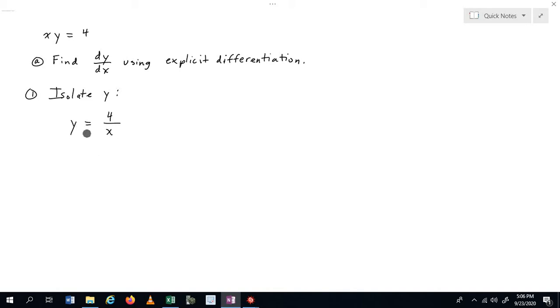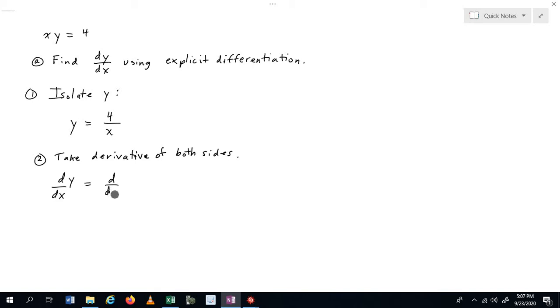And then after you isolate the y, what we're going to do is take the derivative of both sides of this equation with respect to x. Okay, so on the left-hand side, that's just going to leave us with dy dx.